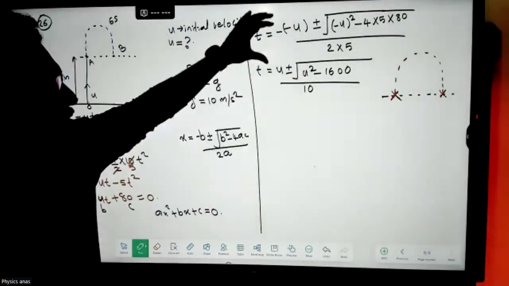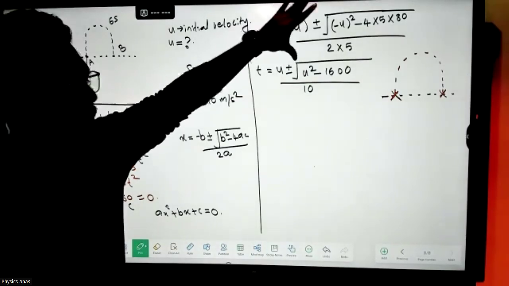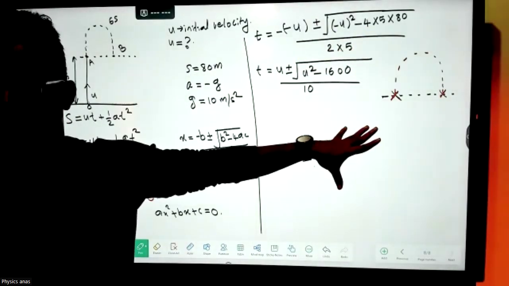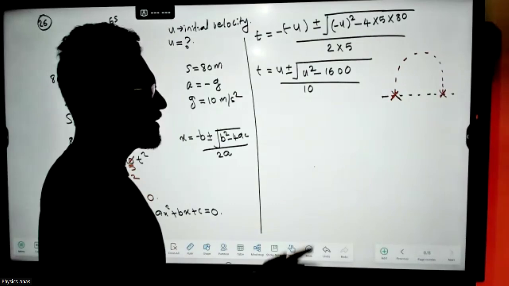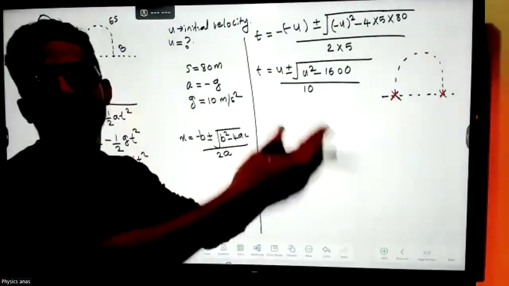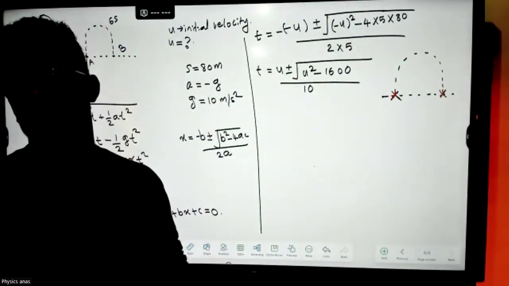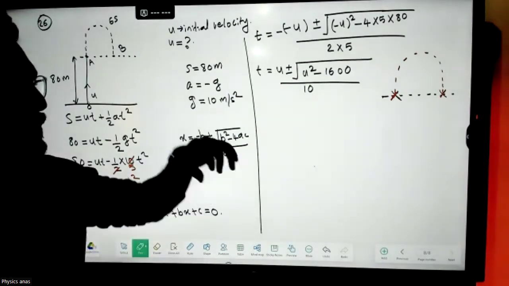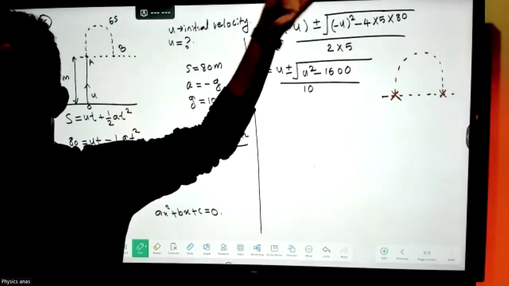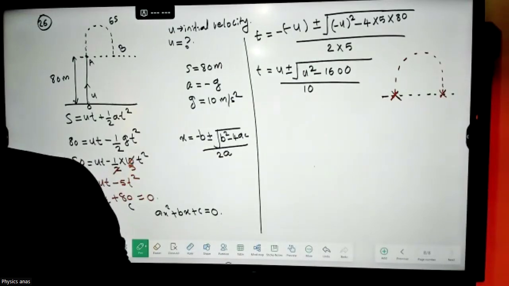What is the first value? u plus or minus something divided by something. So the two values will be u plus something and u minus something. Did you understand that?